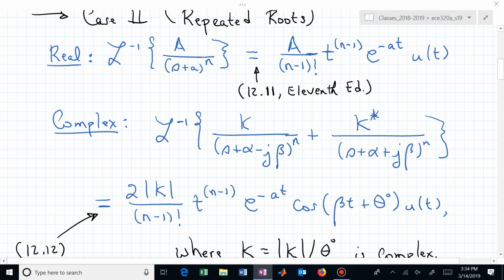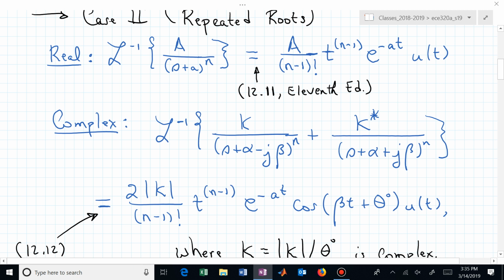Here it's repeated n, as in Nevada, times. So whatever n is, then you can, in the time domain, write down, based on what your coefficient is in the partial fraction expansion, which is labeled as a here, you now divide that by n minus 1 factorial, t raised to a power of n minus 1.